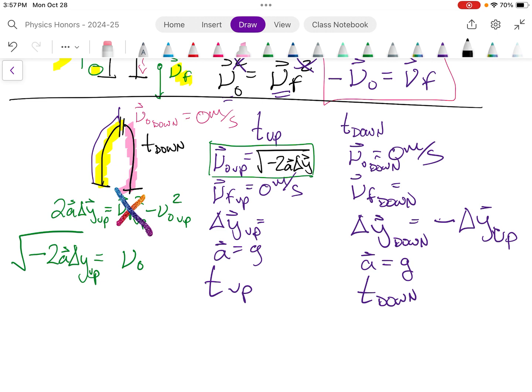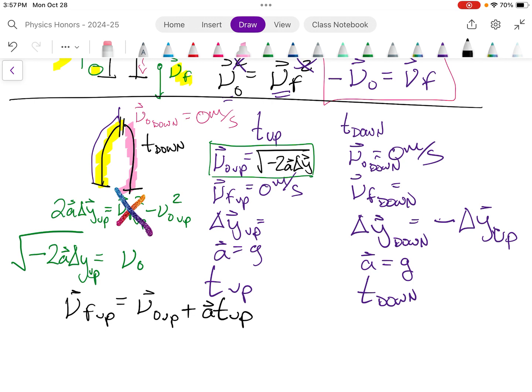All right, next, let's use our equation to say vf up equals vo up plus a t up.